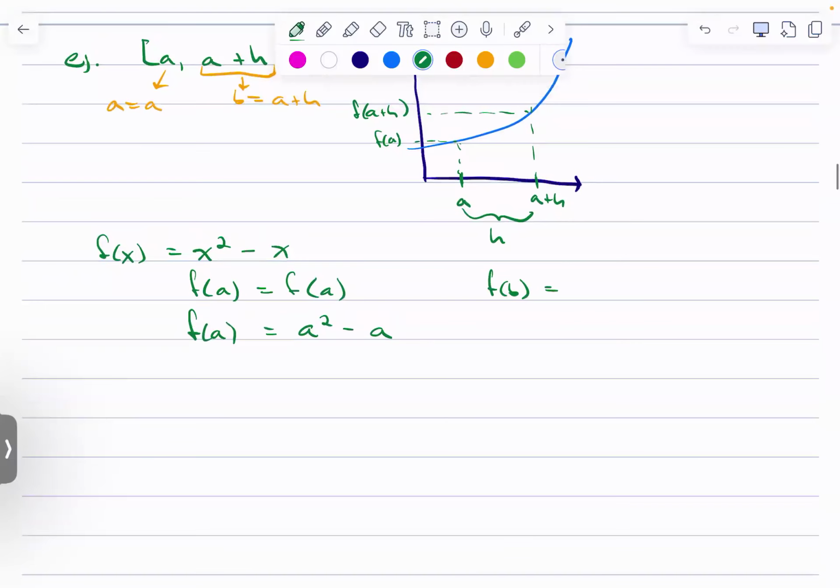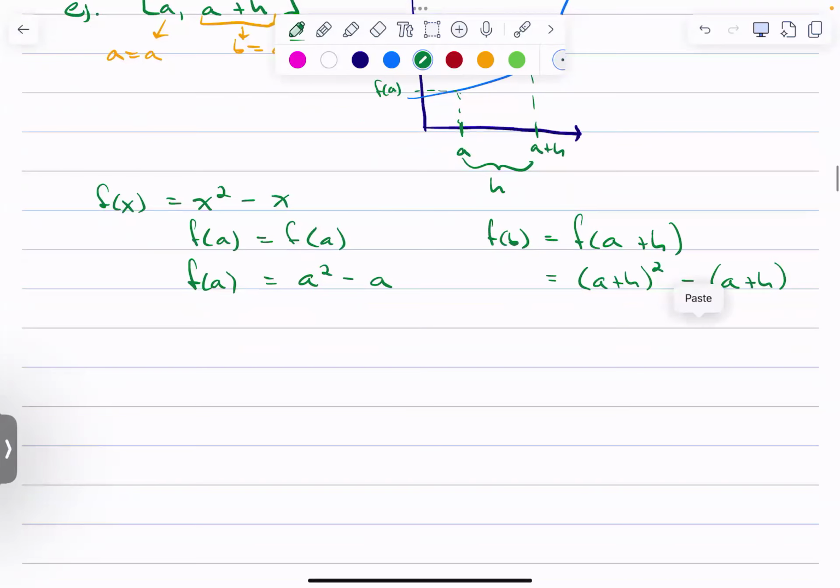Properness is really f of a plus h. f of a plus h, wherever I see an x, I'm going to replace it with a plus h, making sure I keep a plus h as one package, one item, right? And so it's going to look like this. And how do I do that? Well, I use brackets. a plus h squared minus a plus h. Keep a plus h just together. Okay.